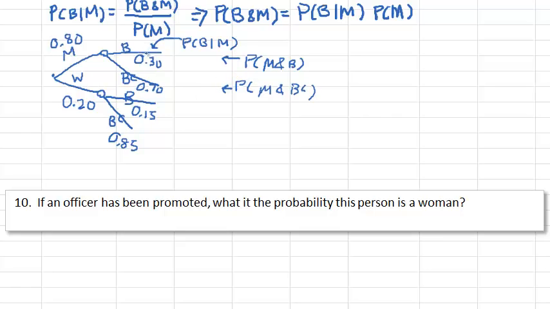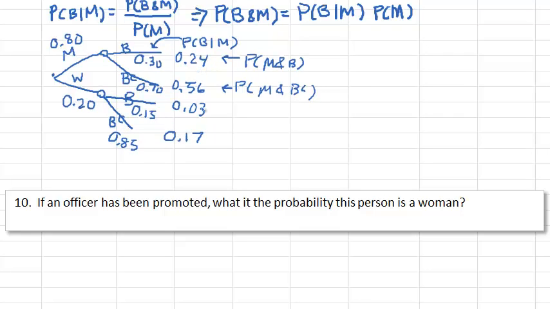Here we multiply 0.8 and 0.3 to get 0.24. Here we multiply 0.8 and 0.7 to get 0.56. Here is 0.2 times 0.15, giving us 0.03, and the other is 0.2 times 0.85, giving us 0.17.